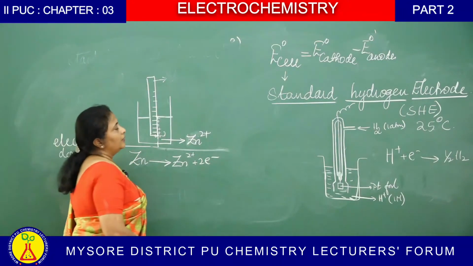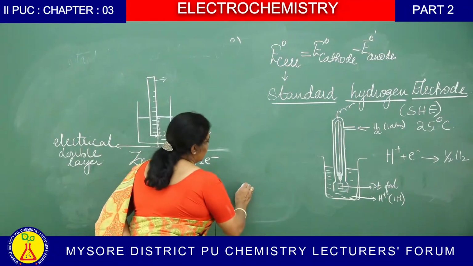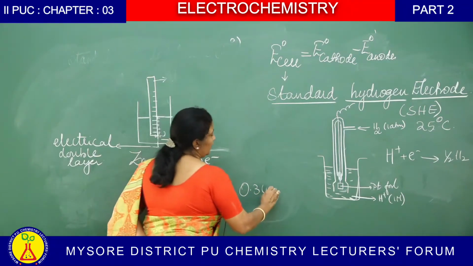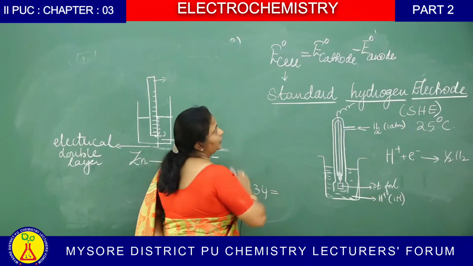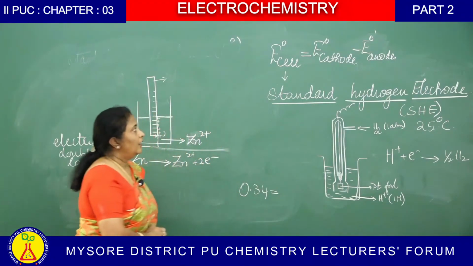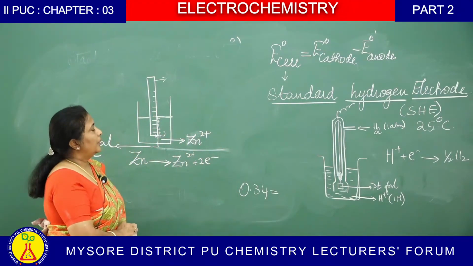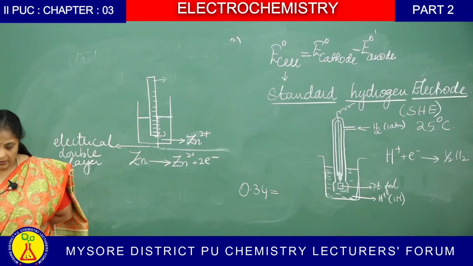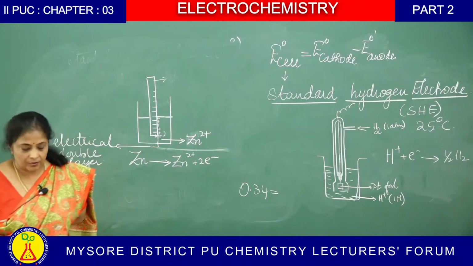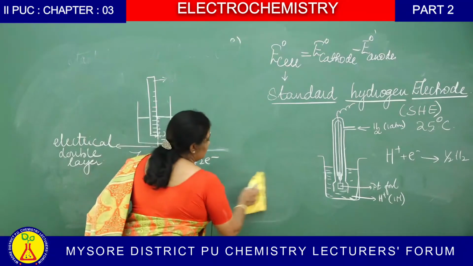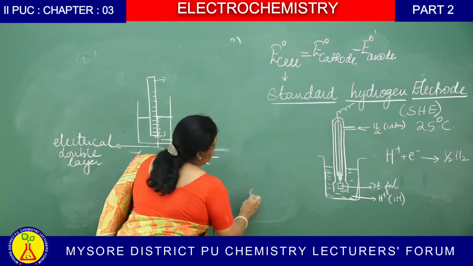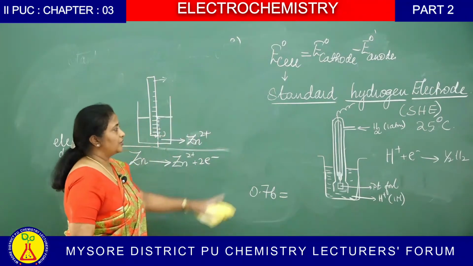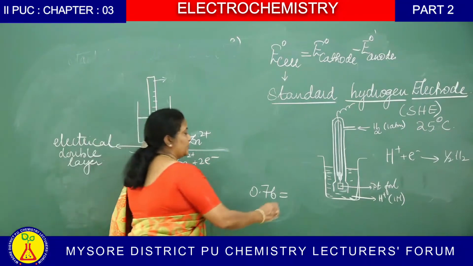If I measure the EMF of the cell, it is found to be, the cathode is not 0.34, sorry, it is 0.76. So 0.76 is equal to cathode, the standard hydrogen electrode, which is taken as 0.